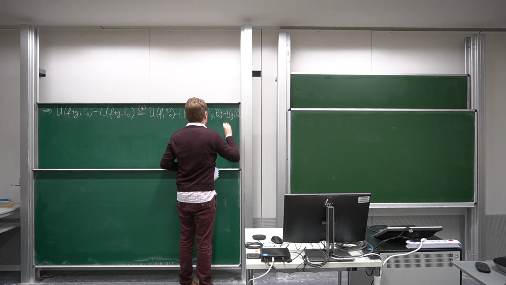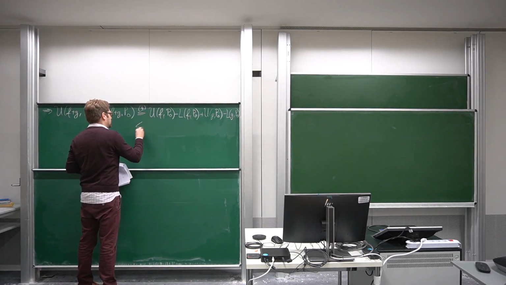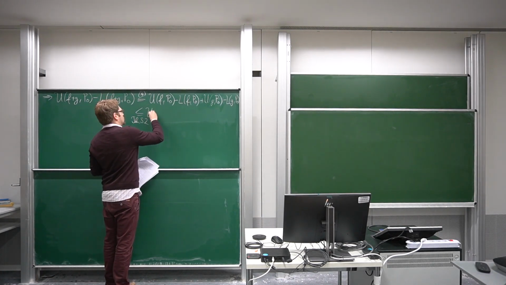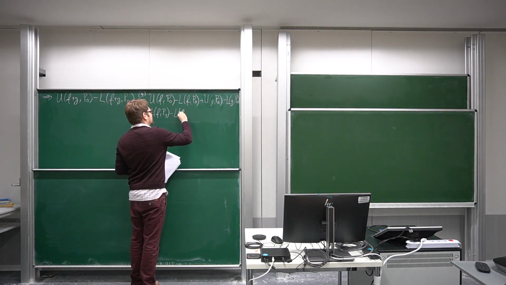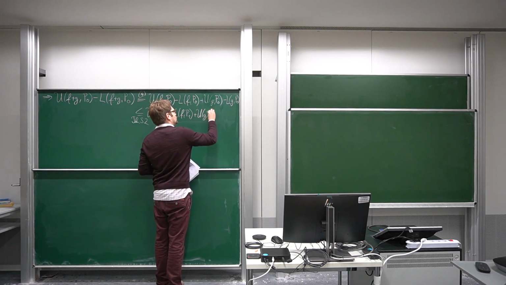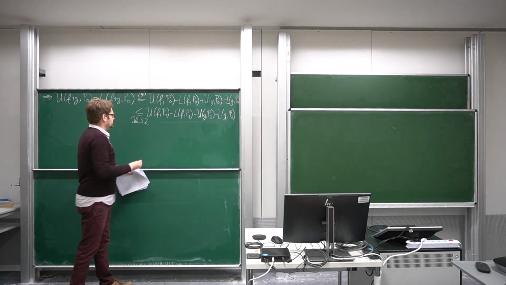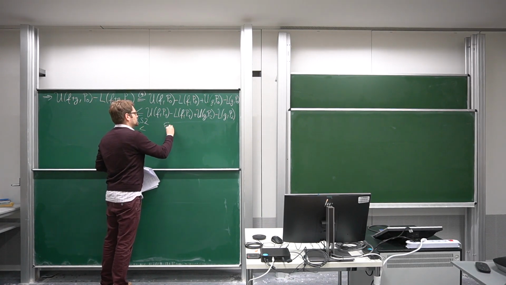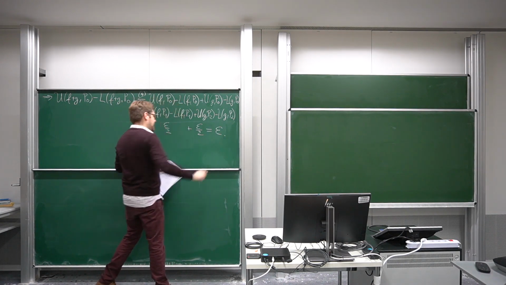And now since P0 is a refinement, we've now seen the properties of refinements. This was theorem 5.2, that this is smaller than or equal to U of f, P1 minus L of f, P1 plus U of g, P2 minus L of g, P2, and there we've just chosen these partitions such that this is smaller than epsilon over 2 and that this is smaller than epsilon over 2, so this is smaller than epsilon.